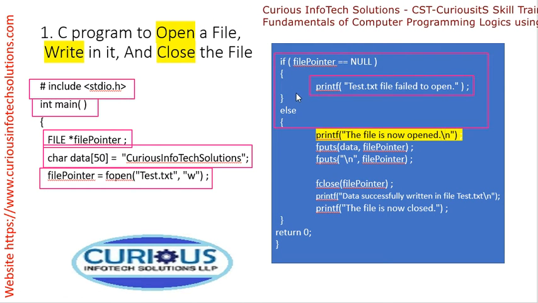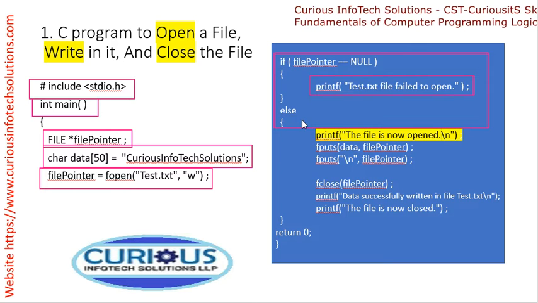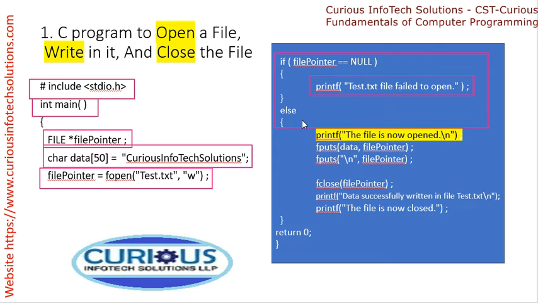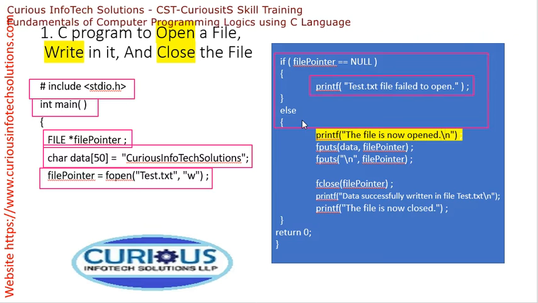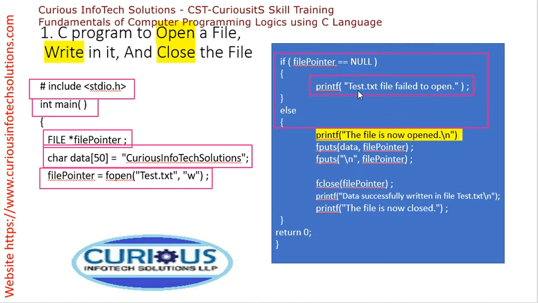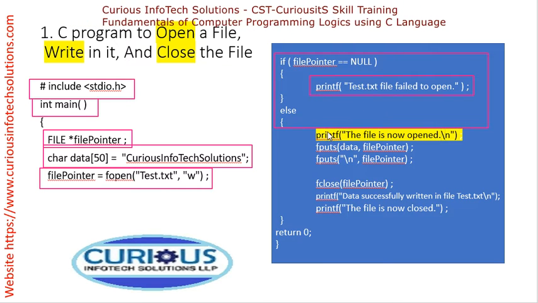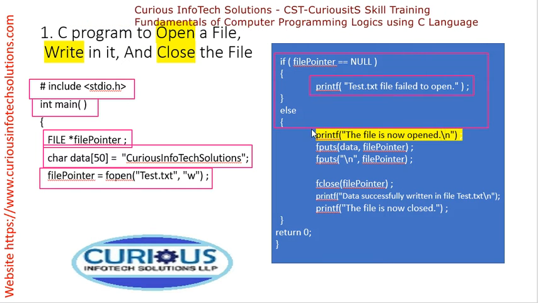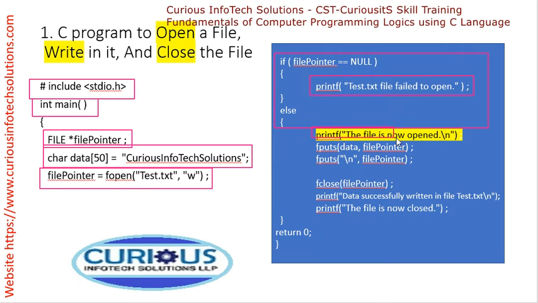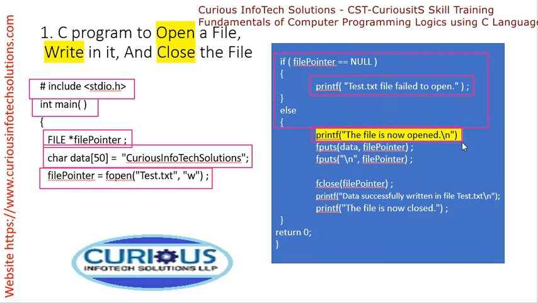Sometimes this message is very useful to understand what is going on in the computer. This is the interface between the computer and the user. Now here the printf is only a message: the file is now open.